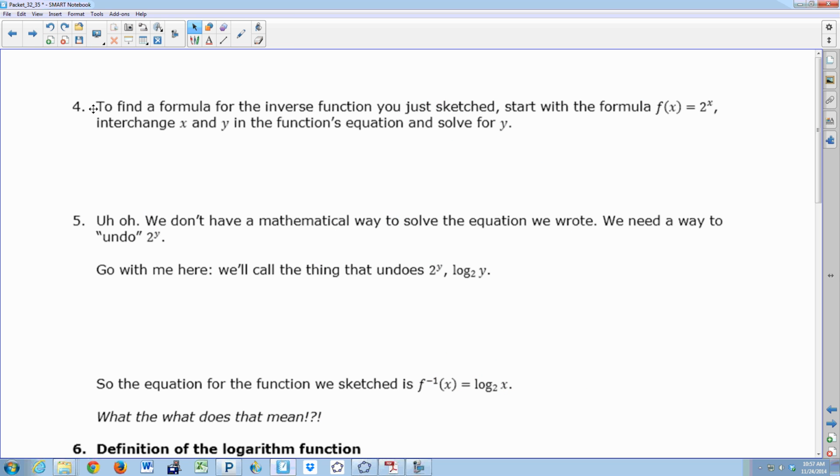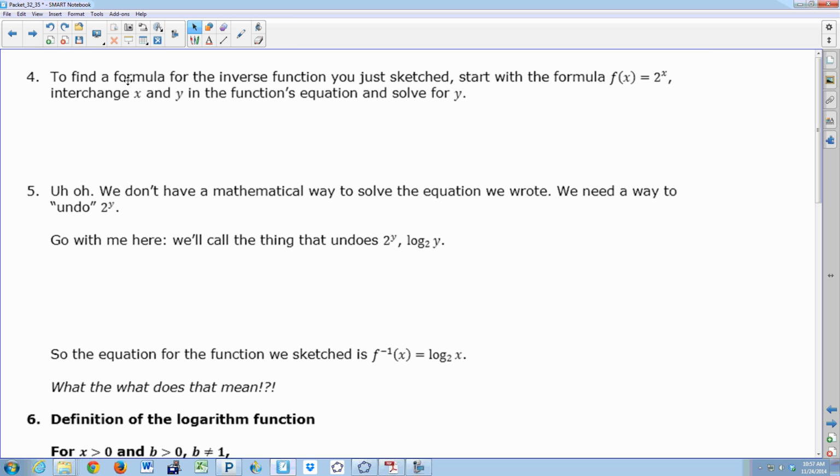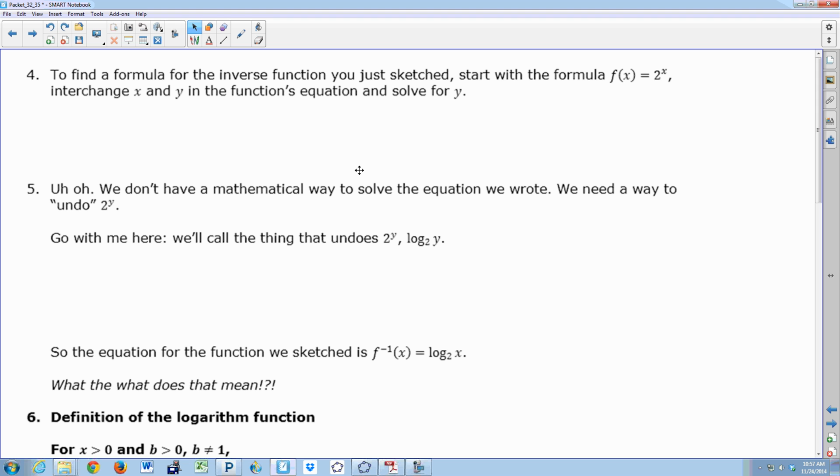Okay. All right, so to find the formula of an inverse function algebraically, as you know, we would start off with f of x equals 2 to the x, and we would put y in for f of x. We switch x and y, and then we solve for y.